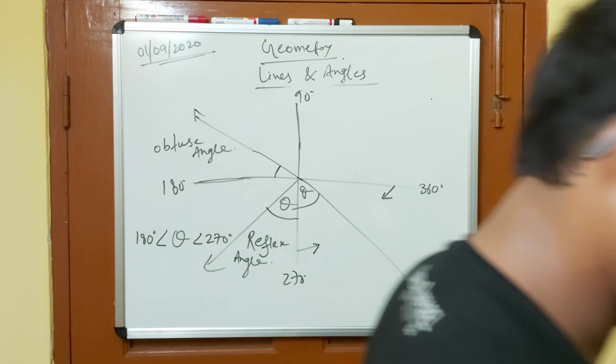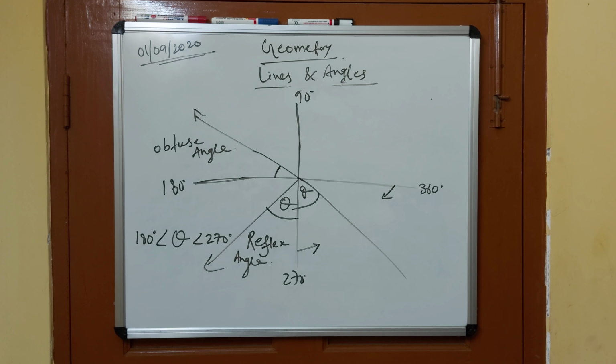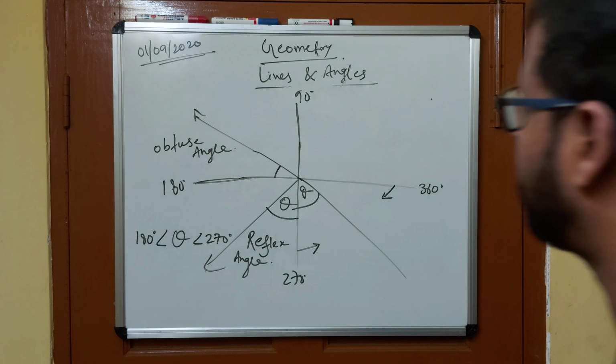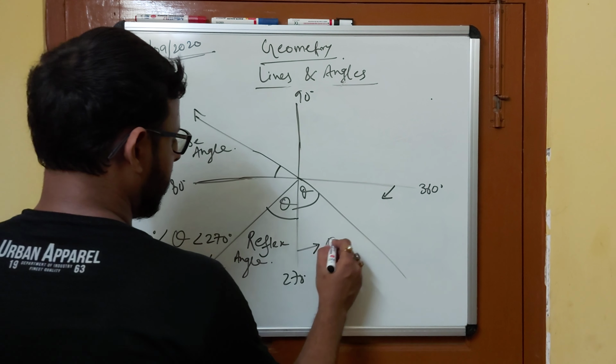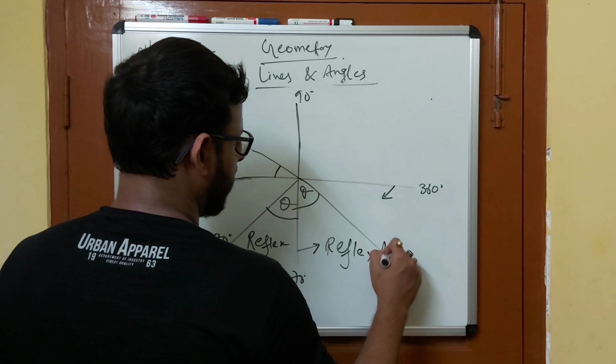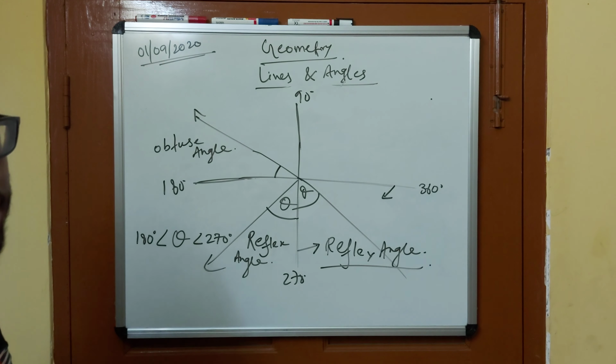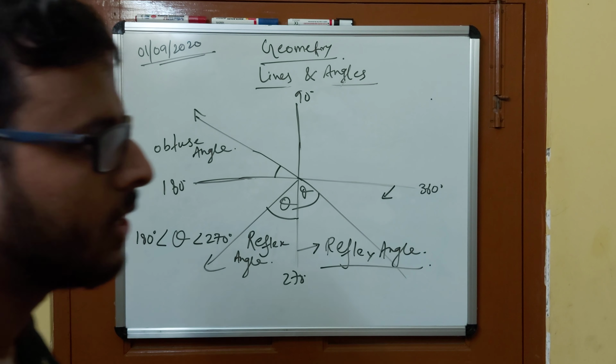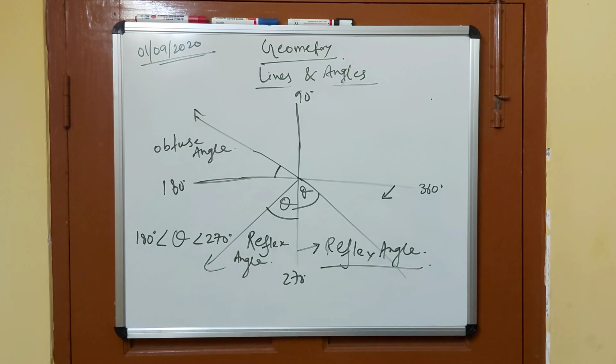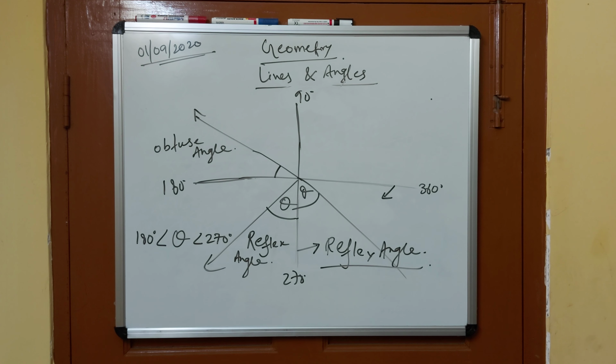So similarly, this type of angle we will also call a reflex angle. Same name. The name will be the same: reflex angle. Is it clear, children? Now these are the various angles which we need to learn from this chapter. Okay, go through this.